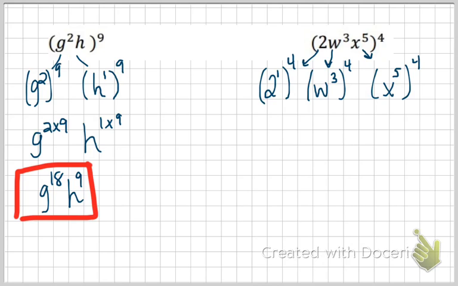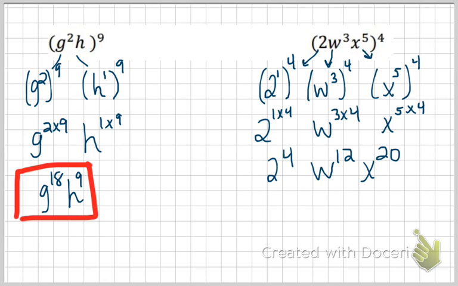So each one is being raised to the power of 4. So we can say, okay, that is 2 to the 1 times 4, w to the 3 times 4, and x to the 5 times 4. And we get our answer of 2 to the 4th, w to the 12th, and x to the 20th power.